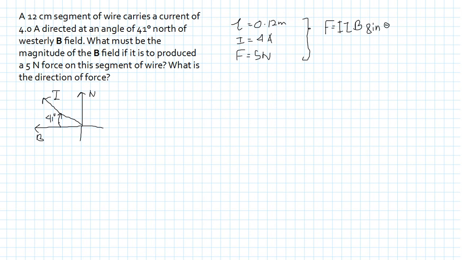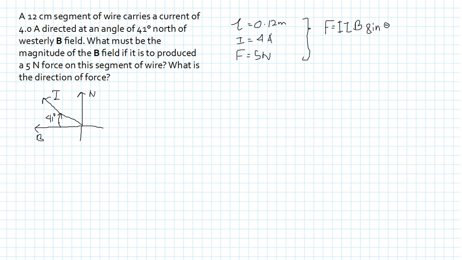Now let me explain a little bit. In this case, we need to analyze. The ideal condition is that the I should be perpendicular to the B, but in this case the I is not perpendicular.